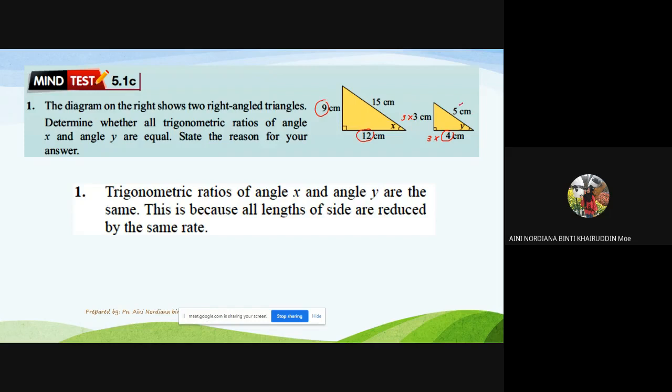And 5 times 3, you'll get 15. So we can conclude that the ratios are the same because the sides are reduced by the same rate. Okay, this is the answer for number 1.